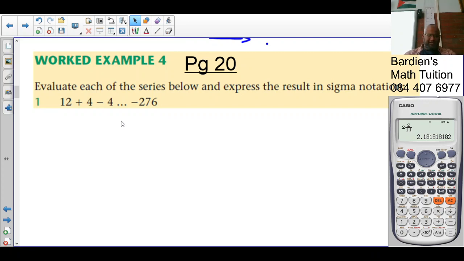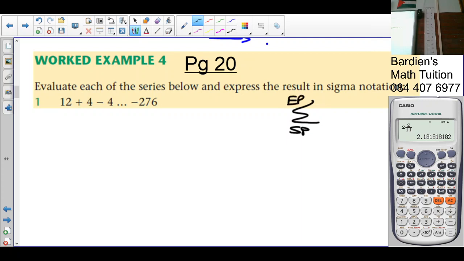As I mentioned before, evaluate, calculate, determine simply all mean the same thing. So to write something in sigma notation, remember what do we need? We need the starting point, the value of the end point. We need the general term and the sum of terms.